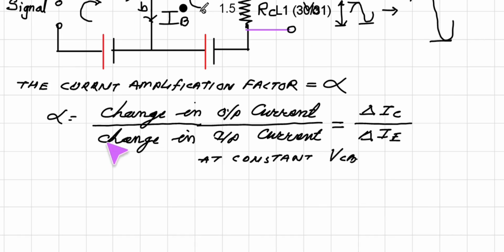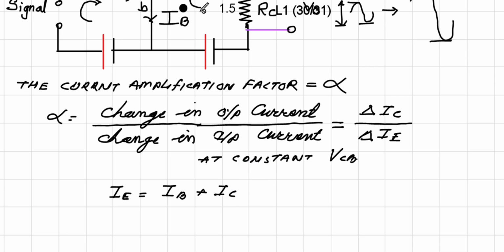Now we got that alpha is equal to delta IC upon delta IE. We know the expression for collector current, so we are going to see how much delta IC is. We already know one expression, that is IE is equal to IB plus IC. But we know that the collector base junction is reverse biased.